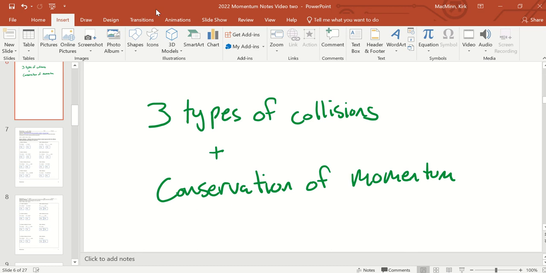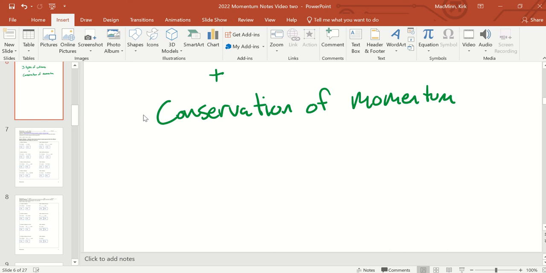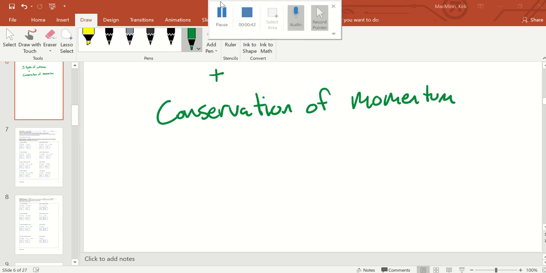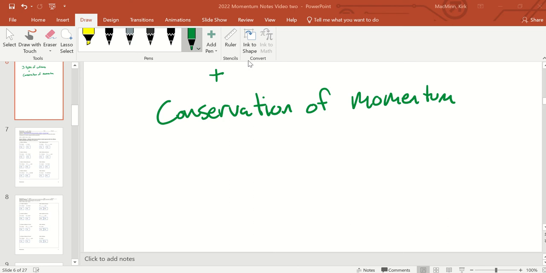Now, remember that we touched on them briefly in a different video. Elastic means start separate, end separate. So elastic, we start separate and we end separate.